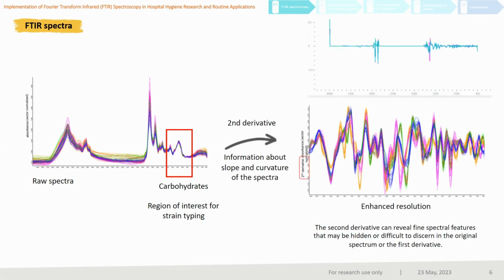Up here you can see the second derivative of the entire spectrum, but now if we take a look at a specific region, such as carbohydrates, we are able to see differences more clearly in the spectra of the samples. The second derivative analysis considers the slope and the curvature of the spectrum and provides us a new one with an enhanced resolution. Now, with this refined information, we can work with the data.